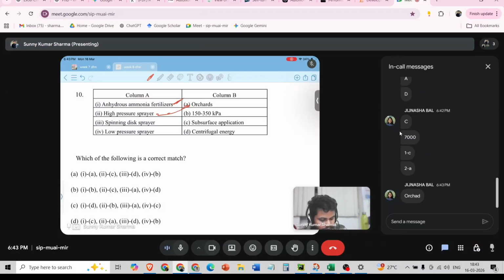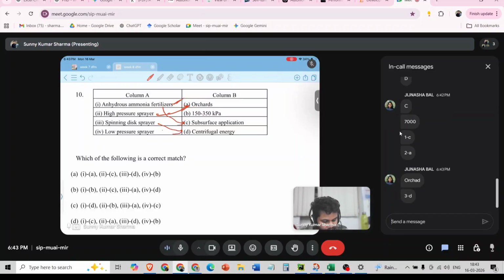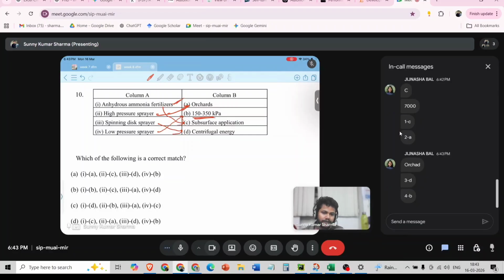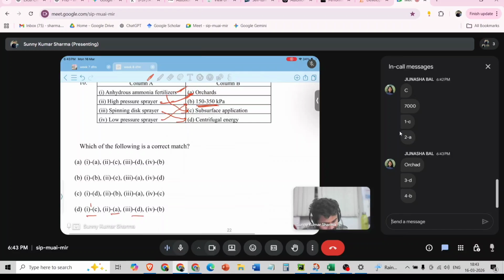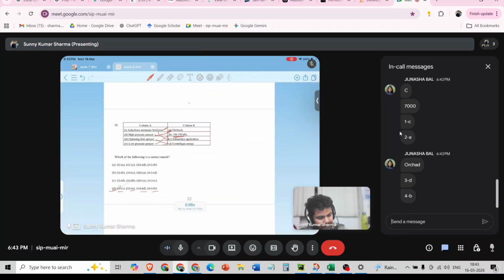Yes, high pressure is for orchards, and one will be subsurface application. The spinning disc is there in centrifugal energy. And low pressure sprayer is for the low pressure range. We have just seen that, 150 to 350 kilopascal. So 1C, 2A, 3D, 4B. So D will be the correct answer.